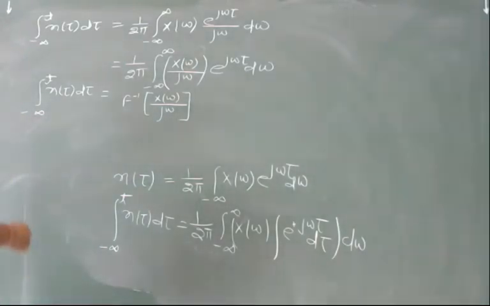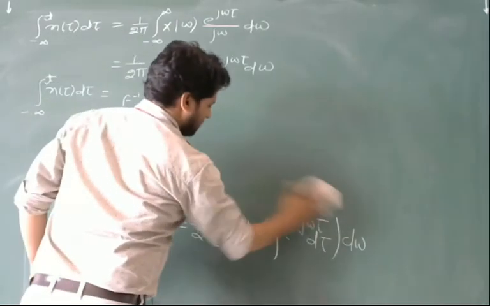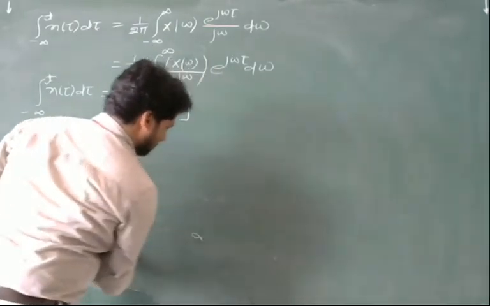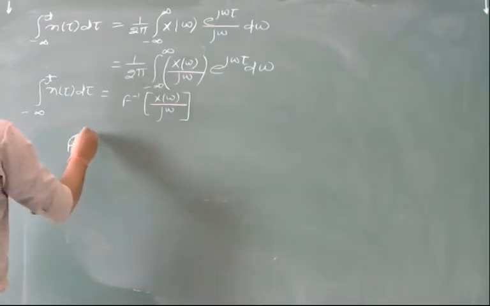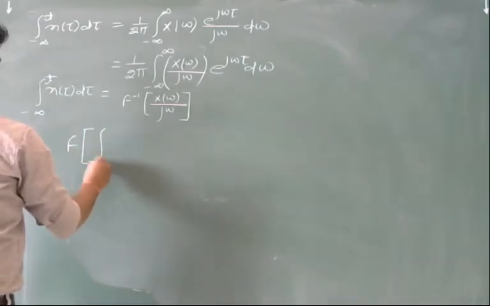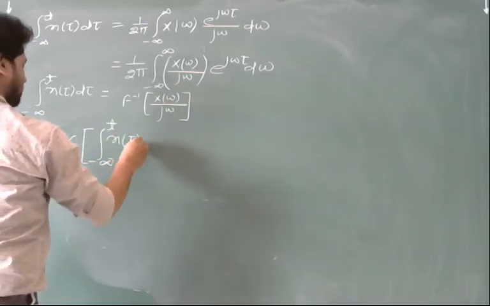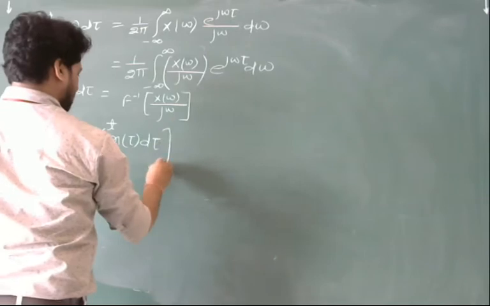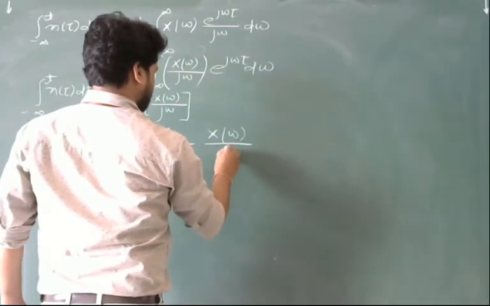It means that the Fourier transform of the signal, the integral from minus infinity to t of x(tau) d tau, will be equal to X of omega by j omega.